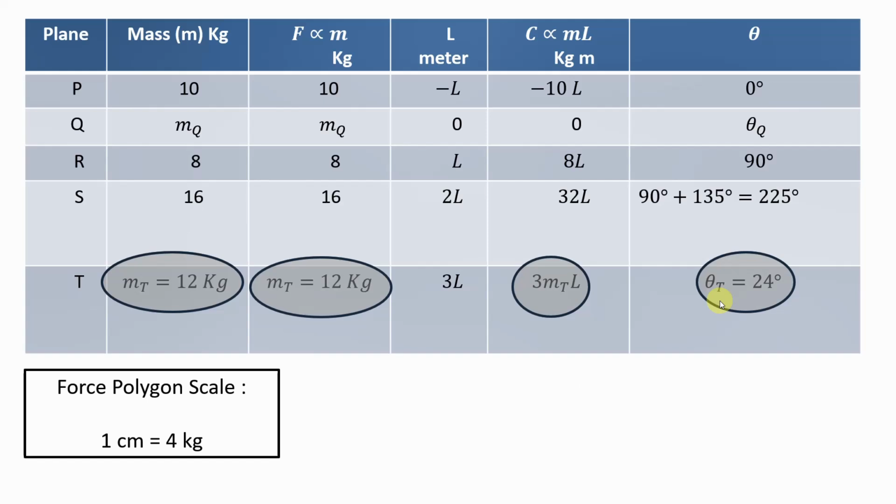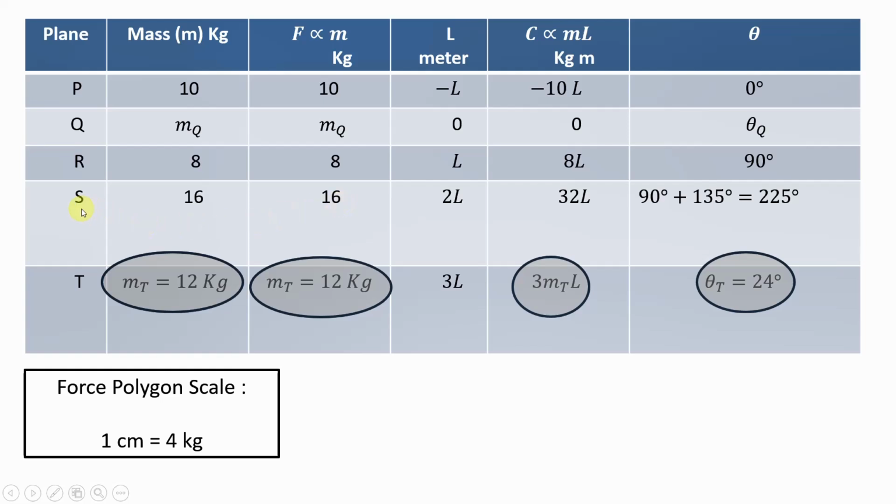Now we'll go to the another polygon, that is the force polygon. So here now we know the value of mt, only unknown is now mq and theta q. So in the force polygon column, we are having only one unknown. Mass of P is known to us, mass mr is known to us, ms is known to us, correct?